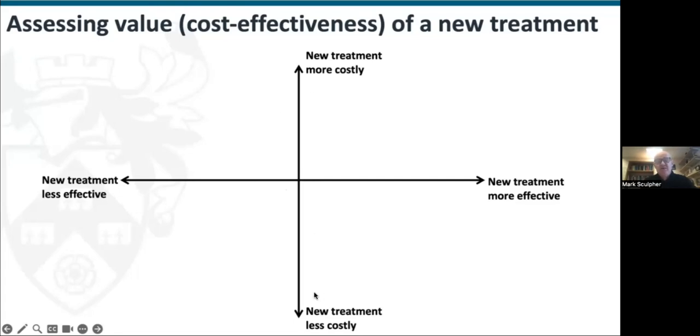On the vertical axis, above the origin, the new treatment is more costly than the old treatment. And below the origin, the new treatment is less costly than the old treatment. So we have 4 quadrants defined by those 2 axes, the cost axis and the effectiveness axis.